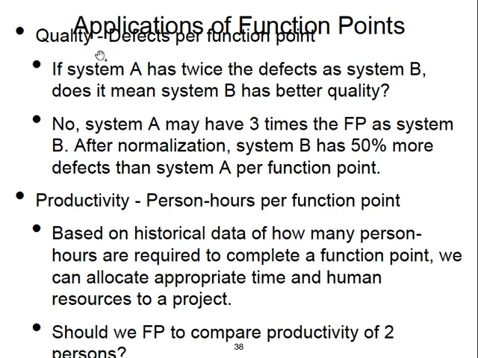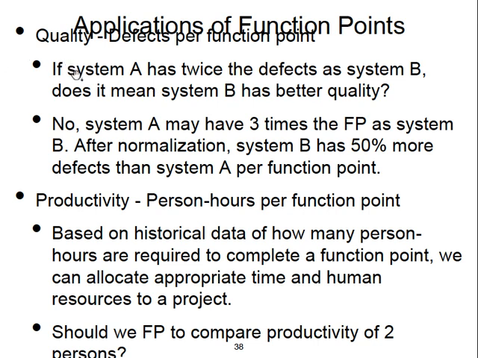So to measure quality, we would measure defects, right? So that makes sense. But let me ask you, if system A has twice the number of defects as system B, does it mean system B has better quality and system A has worse quality?